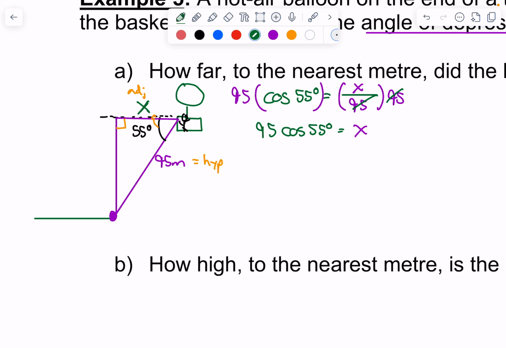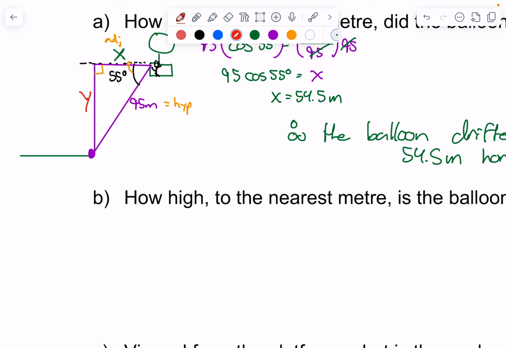Well, how high to the nearest meter is the balloon? So part B. How high up in the air would this be? We're looking for y now. Again, use what you have given. So this 55 and this y, well, this y is opposite of my 55.